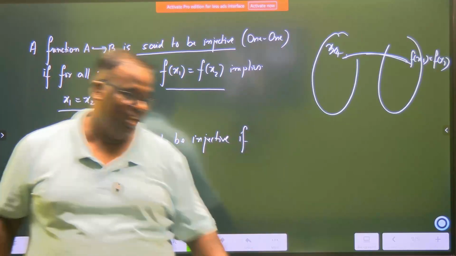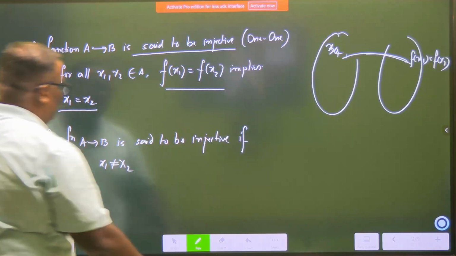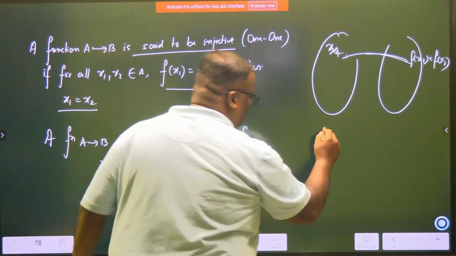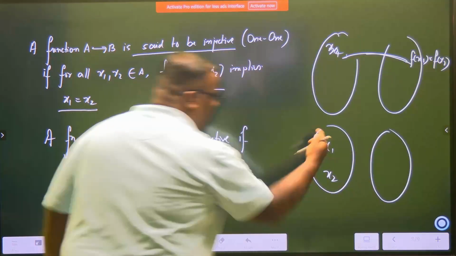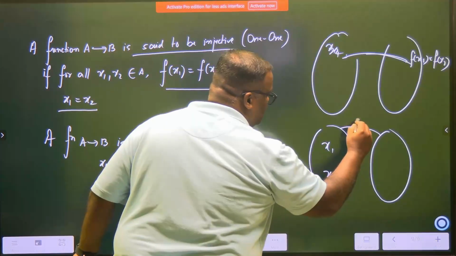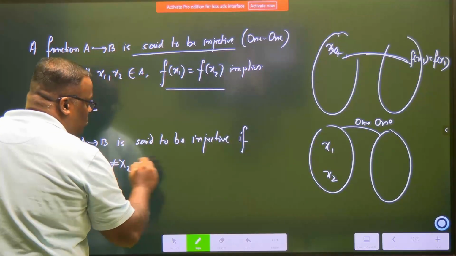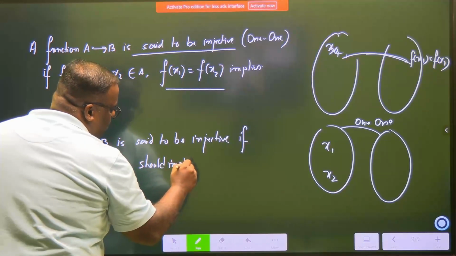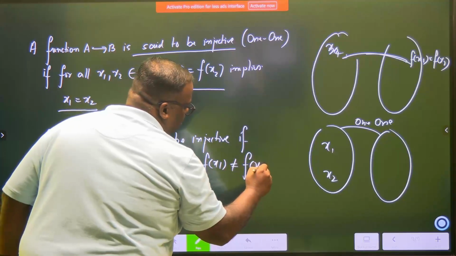Yes. So we say that the function A to B is said to be injective if x1 not equal to x2. मतलब आपने ऐसे, now in this case you are taking an x1 different and an x2 different, and you are still saying that the function is 1-1. Then x1 not equal to x2 should imply f(x1) should not be equal to f(x2).